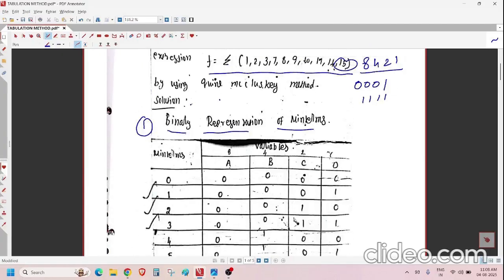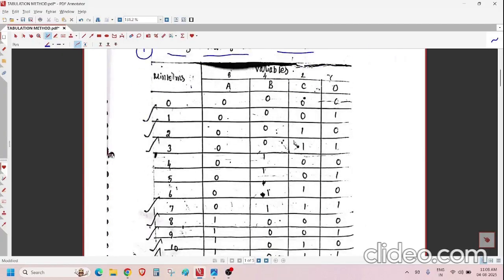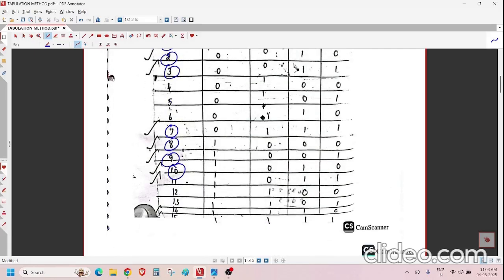For example, here you can see 1, 2, 3, so I made a tick mark here: 1, 2, 3, 7, 8, 9, 10, 11, 14 and 15. So this is the representation of binary numbers. With the help of the 8421 concept we represent the binary numbers for the input.